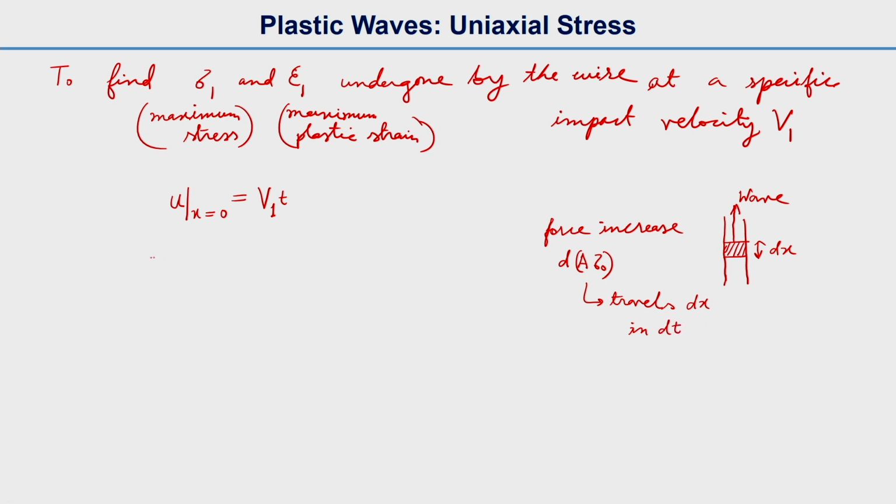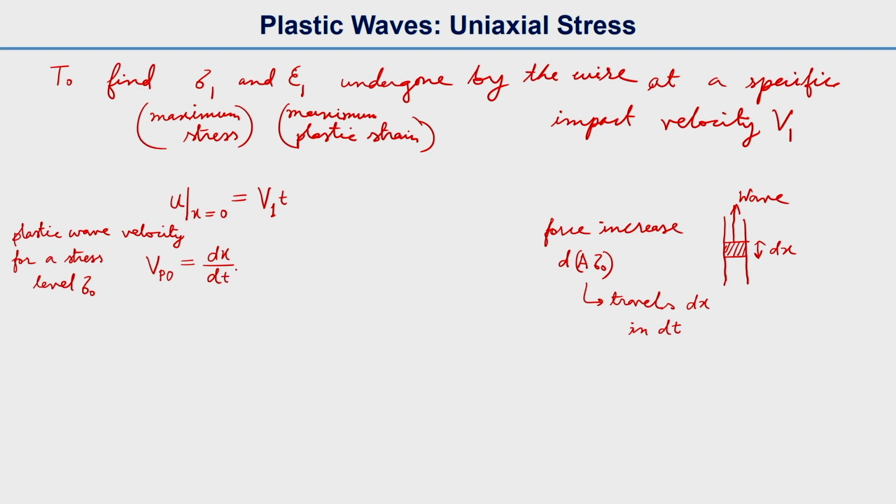So we know the plastic wave velocity for a particular stress level sigma naught can be written as dx by dt.